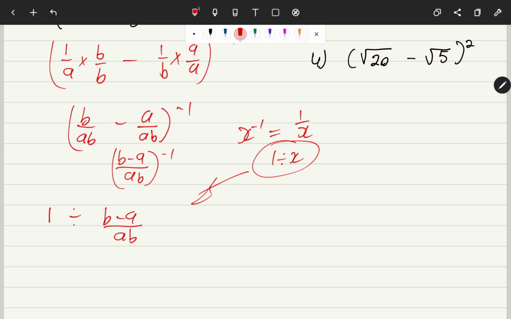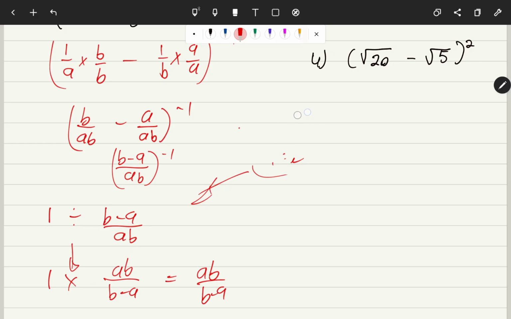The law of division with fractions is that you change that division sign into a multiplication sign. Actually, I don't know the name of that law. I just know that's how we do it. And your answer is just ab all over b minus a, and then you're done. So cool.